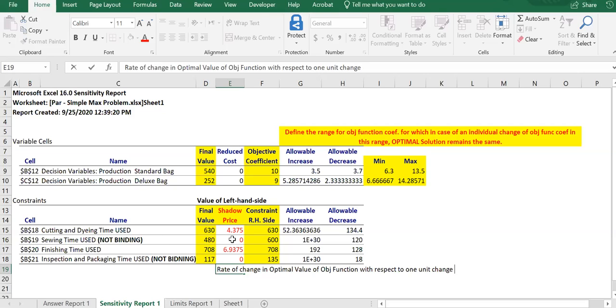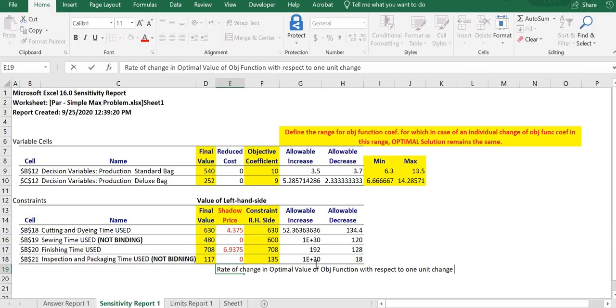Like this one, it says the optimal value of the profit function is going to go up by 4.370 or 35 cents if we increase the amount of available resources from the cutting and dyeing department by 1 unit. So instead of 630, if we increase it to 631, everything else the same, profit is going to go up by this much. And then you can test this.